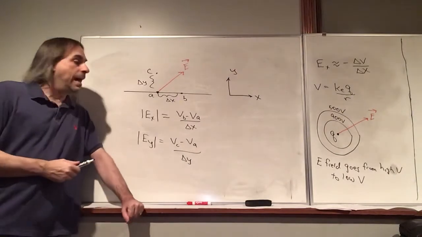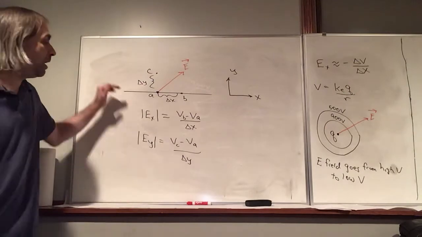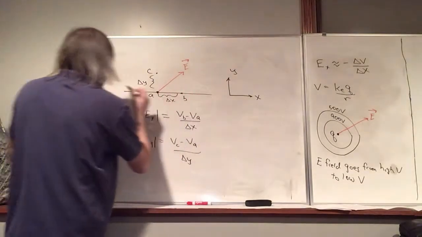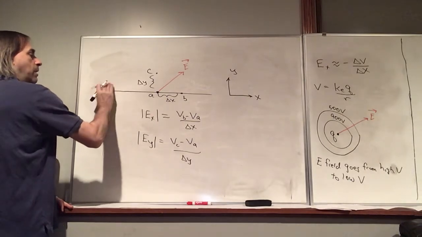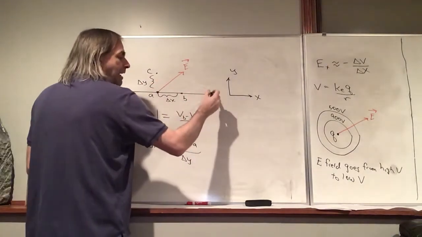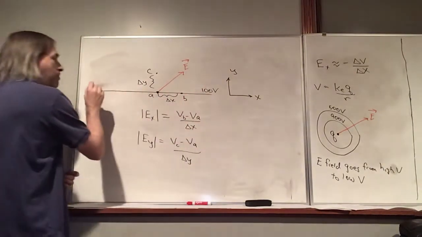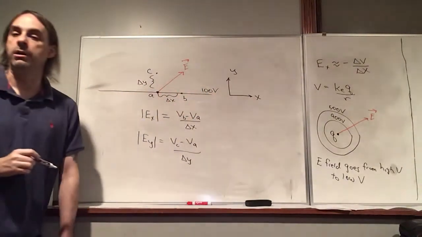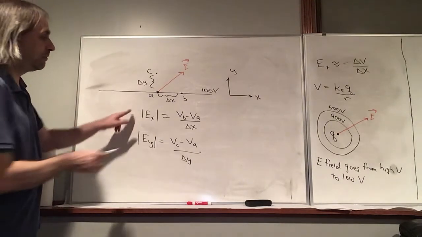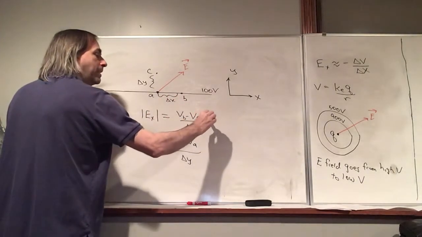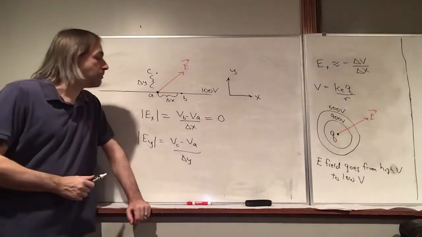Okay. Now, something might jump out at you immediately, just from looking at this. If it's not jumping out yet, this line here is an equipotential. Let's just say this line is, say, 100 volts. So like every point on this line is 100 volts. Now if we look at EX, both of these points are on the line, so regardless of what that number is, we're going to get EX equals 0.